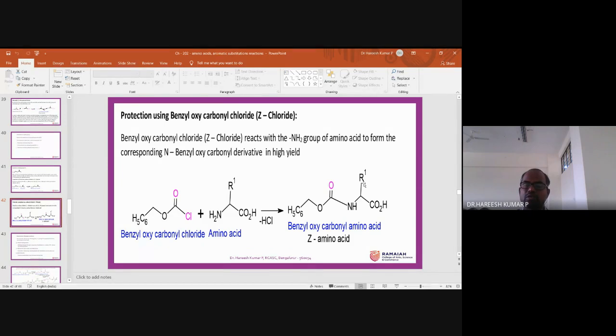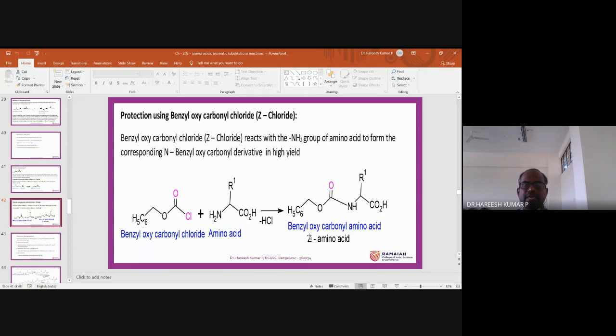If R1 is equal to H, then it's glycine. If R1 is equal to CH3, then it's alanine. If R1 is equal to CH2 phenyl, then it's phenylalanine. So it's a general amino acid, and it's a general method of protection of the amino group with benzyl oxycarbonyl chloride. Now it's called Z amino acid.